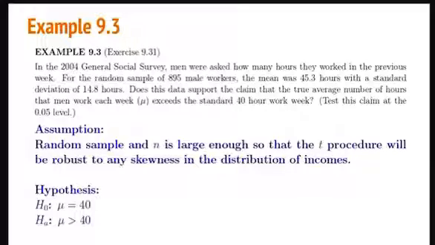Now we want to test. The very first thing you're going to do is investigate the assumptions. The crucial assumptions are whether you are taking your sample randomly and whether you are working with a normal population. They did not give us any idea about the normal population here, but the sample size is large.